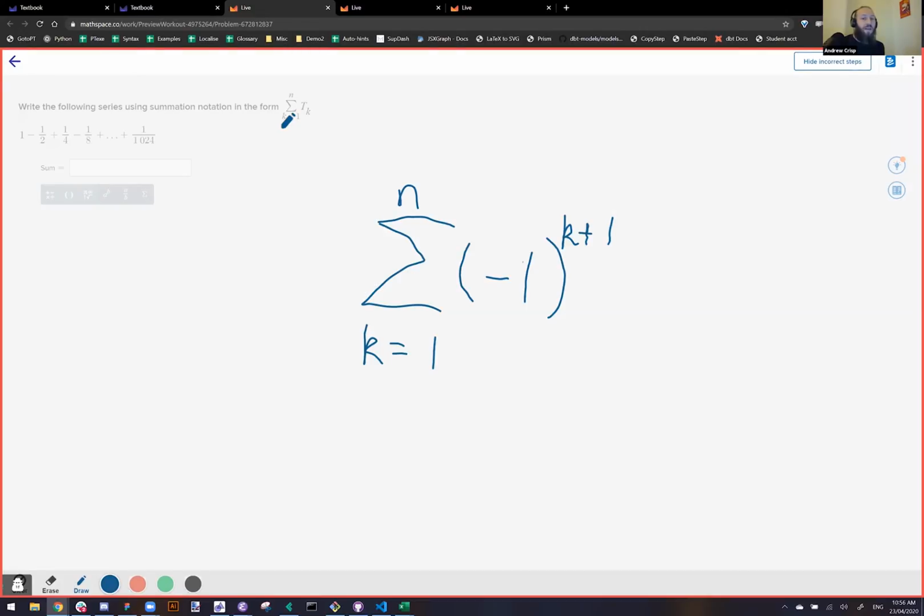The only other thing we need to do, now that we've accounted for the sign, is let's ignore the sign and see about how we're going to write this. But I think we already know how we're going to do this one. It's going to be 1 over 2 to some power.